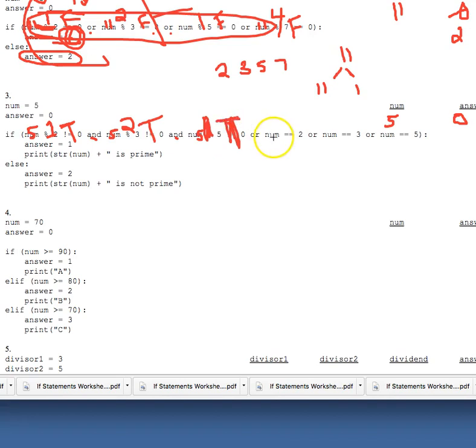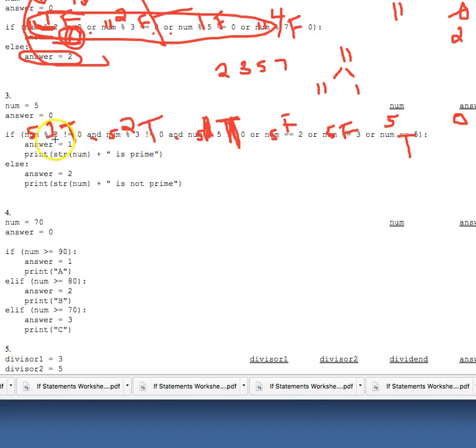And now we check, is num directly, there's no percent symbol, there's no mod. Is num, is 5 equal to 2? False. Is 5 equal to 3? False. Is 5 equal to 5? True. So now what do we have?